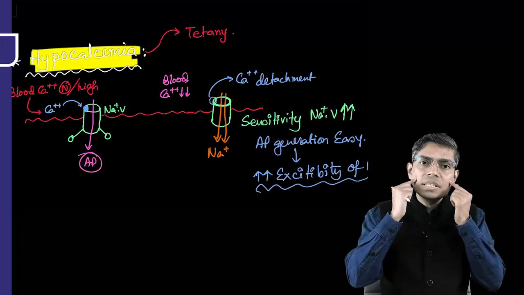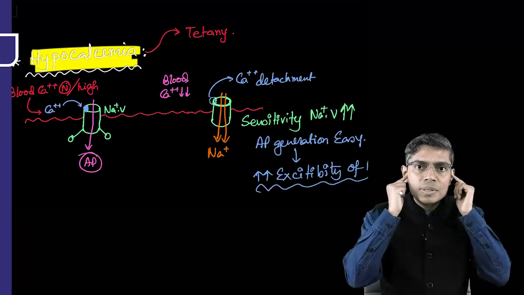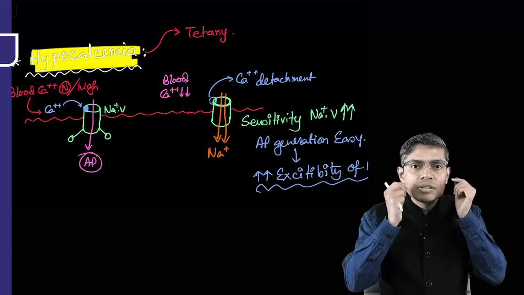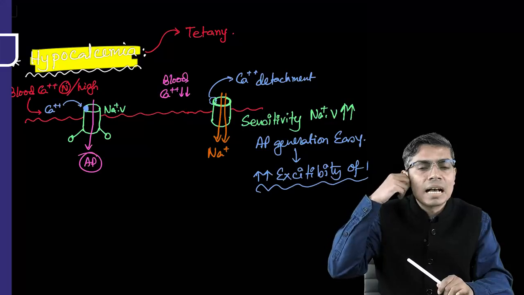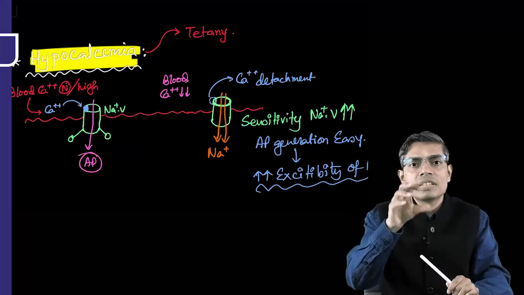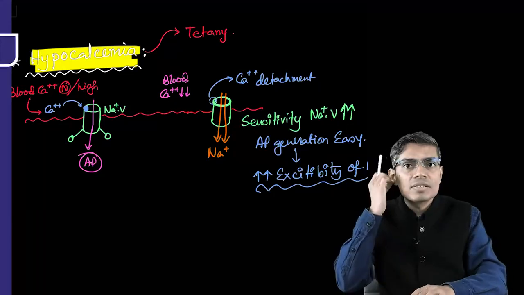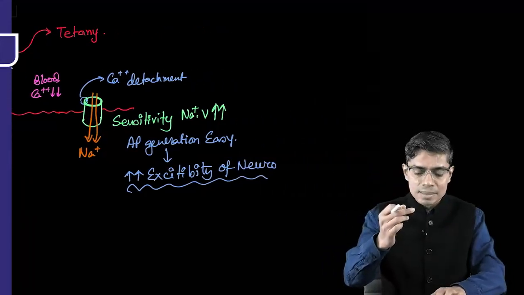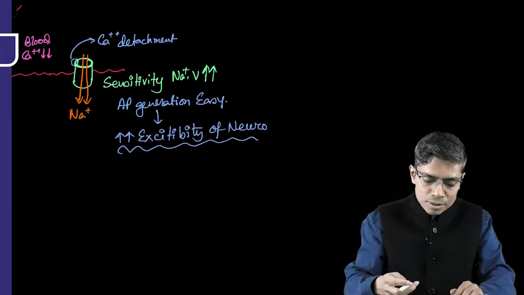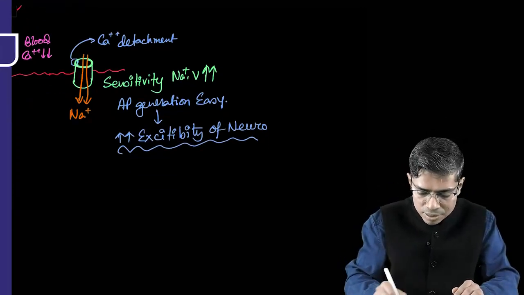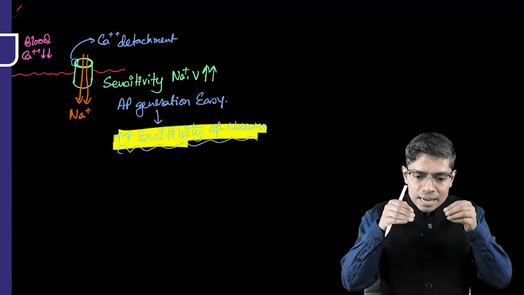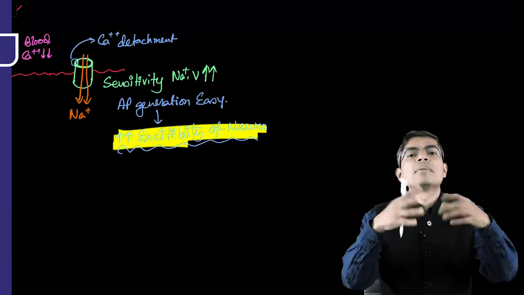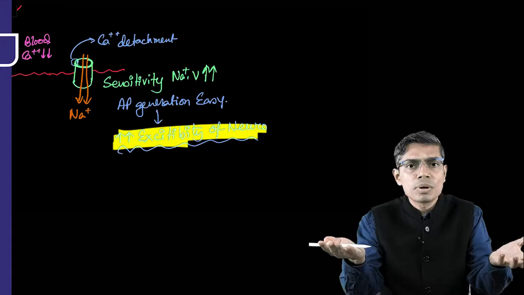But the neuron which is supplying that skeletal muscle, if you stimulate this neuron, will generate action potential easily. Whenever I am giving a stimulus to the neuron, the neuron is firing action potential easily. Normally it is not firing, but whenever there is hypocalcemia, because of increased excitability of this neuronal membrane, the neuron will produce action potential. That action potential will stimulate the muscle, and the muscle will contract because there is no problem in the muscle.